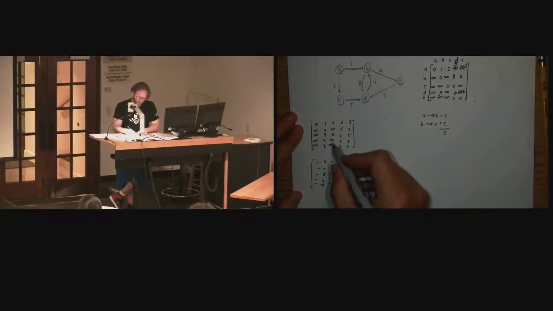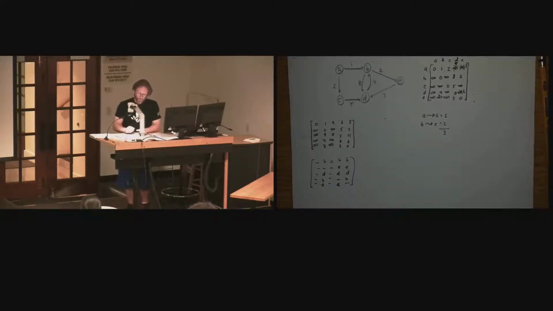You'll note here, anytime I have infinite, I have nothing, because if there's no way to get there, then there's no successor to go there. E, D, nothing. D, E, B, D, B, and nothing. This is the successor, and this is the distance.